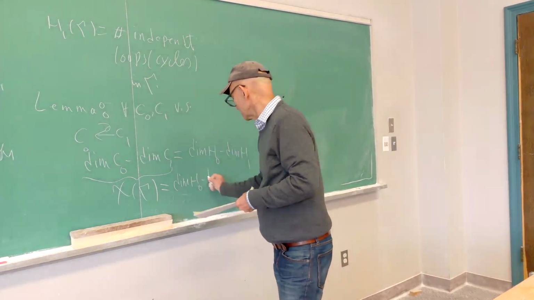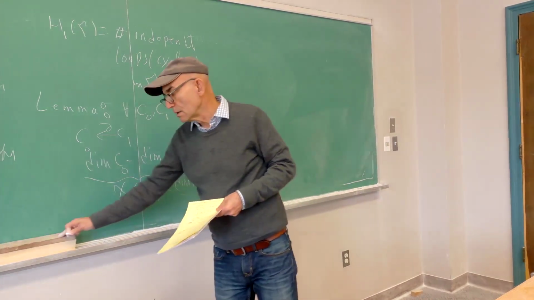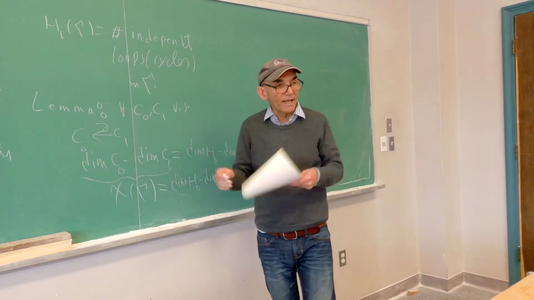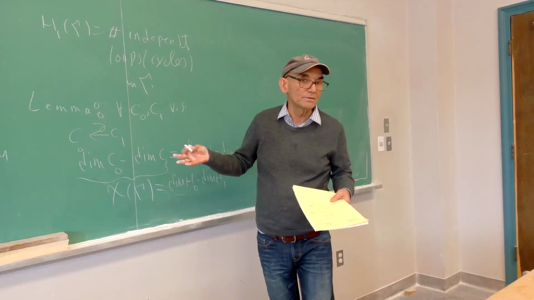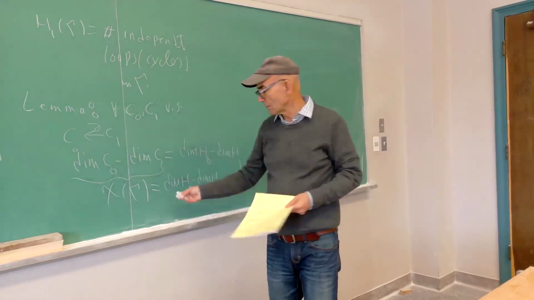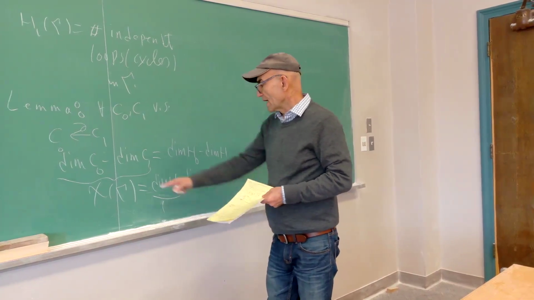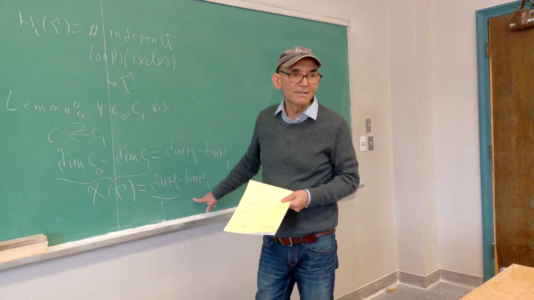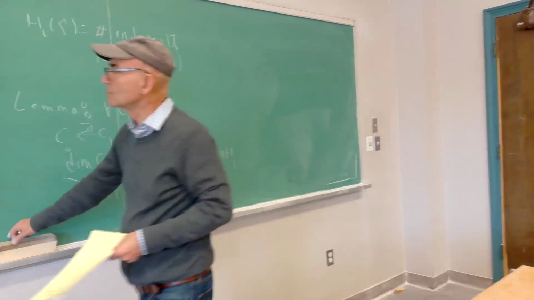Right? Okay, now if we assume that the graph is connected, it has only one connected component, so this number is 1. Then it follows that the Euler characteristic is equal to 1 minus the number of loops, the generators for the space of loops.